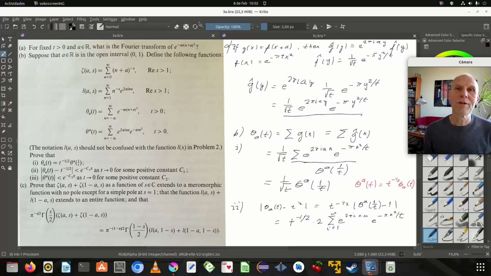Good morning, February the 8th, 2023. We continue with problem 3. Now everything has been made ready that we should make the Mellin transform of this and use the same trick as they do in the text.